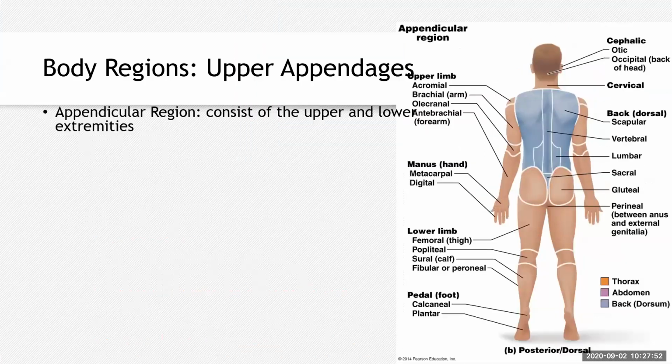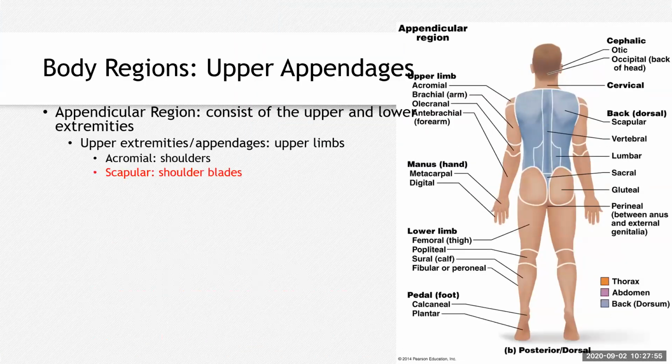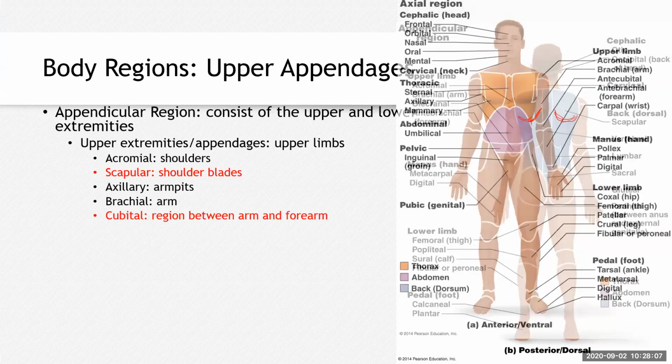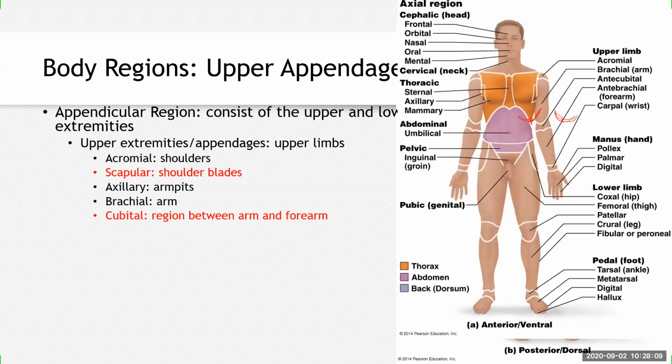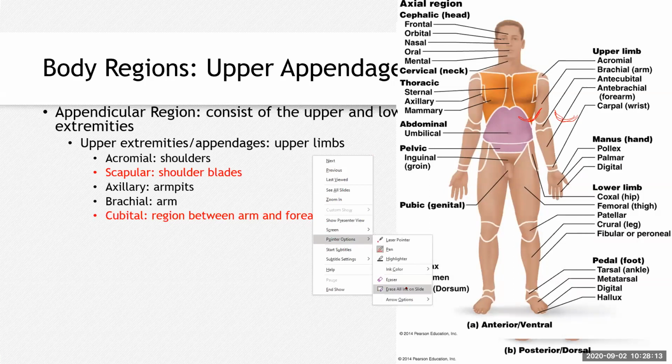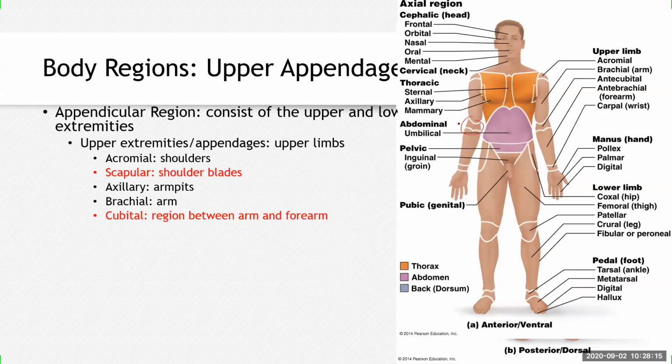I'm just going over points that I feel are a little bit confusing. Scapular is just this region over here where your shoulder blades are located. Cubital region, this one I want to go over because it depends on how we're looking at it. Overall, the cubital region is this region, both anteriorly and posteriorly.